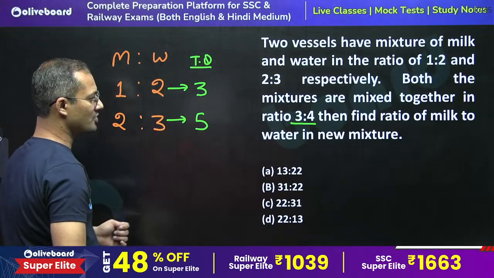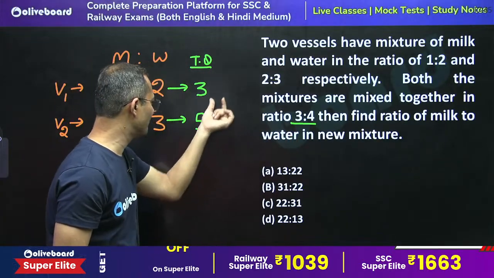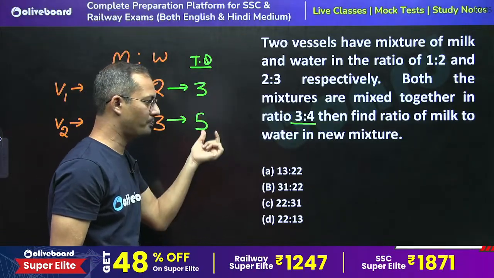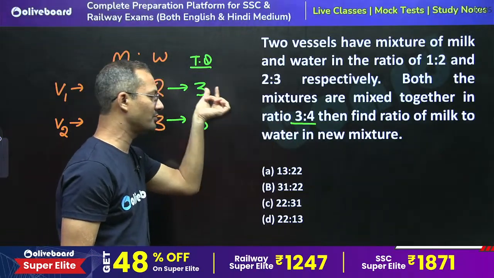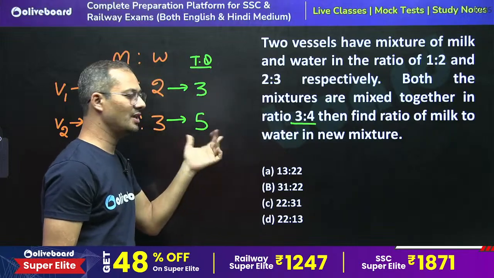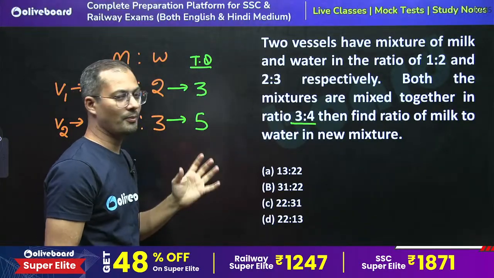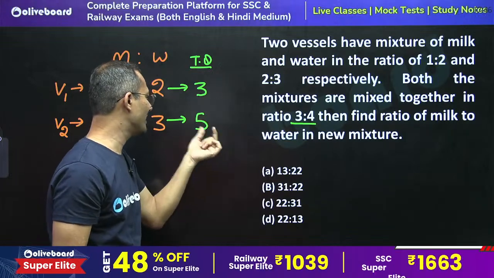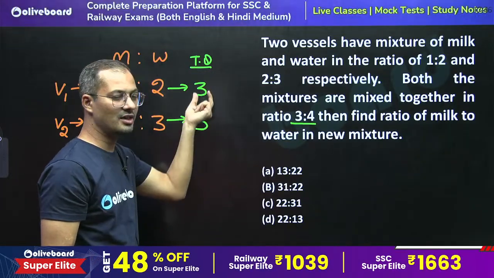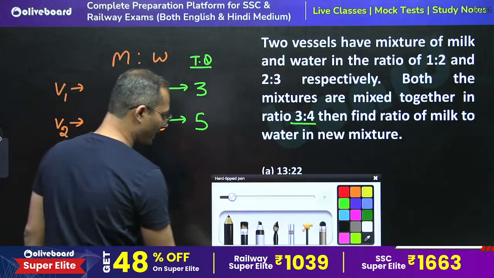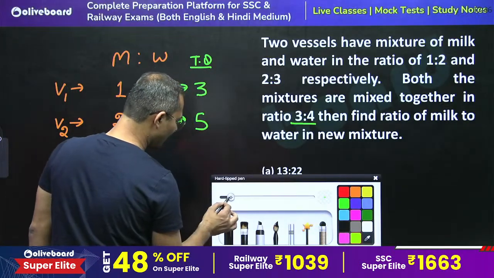We have to take 3 units from the first and 4 units from the second. But before doing the operation, we have to ensure that the total quantity of both vessels is equal.